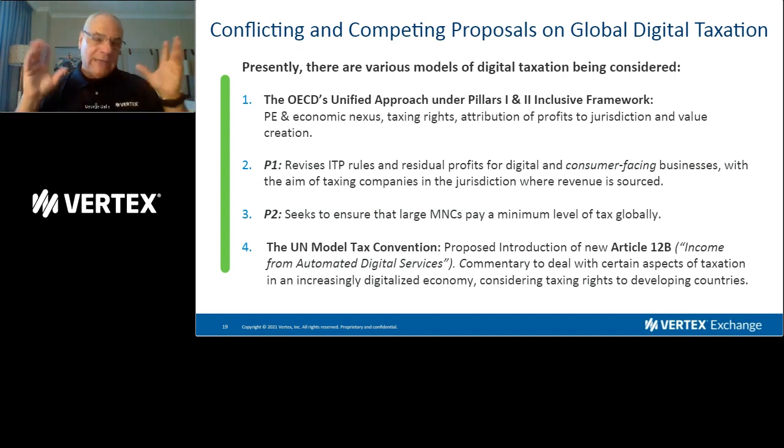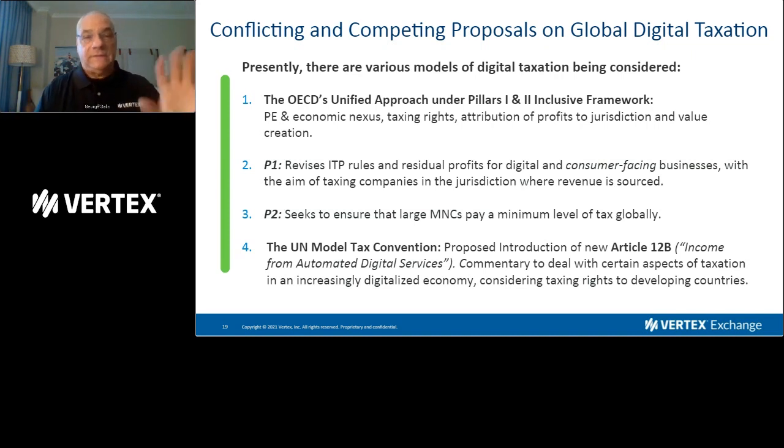So I would like you to remember these code terms. Again, given the varied composition of attendees, remember that everything now has to do with taxing rights, economic nexus, value creation, and the attribution of profits where those sales are made to that jurisdiction.